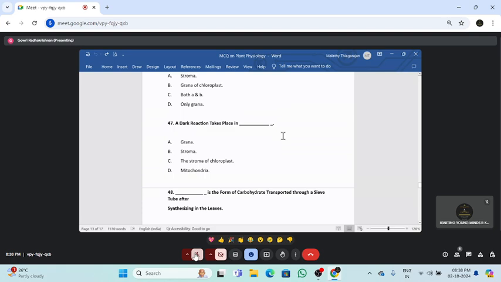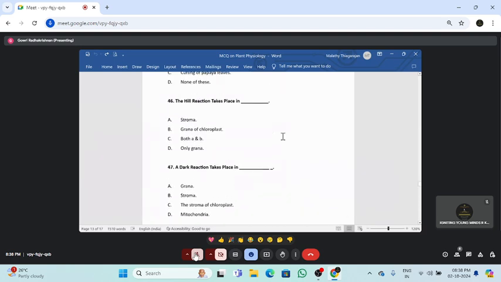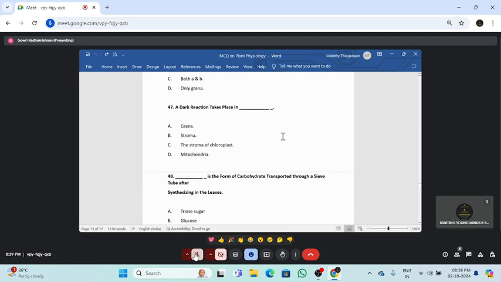Yes, stroma of chloroplast. Oh, I'm sorry, children. I saw the option wrongly. For the 46th, the Hill reaction takes place in grana of chloroplast. The dark reaction takes place in stroma of chloroplast. Okay.